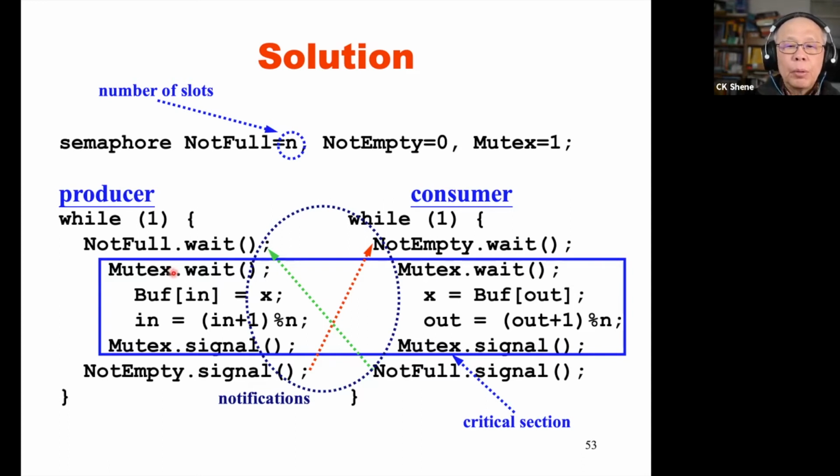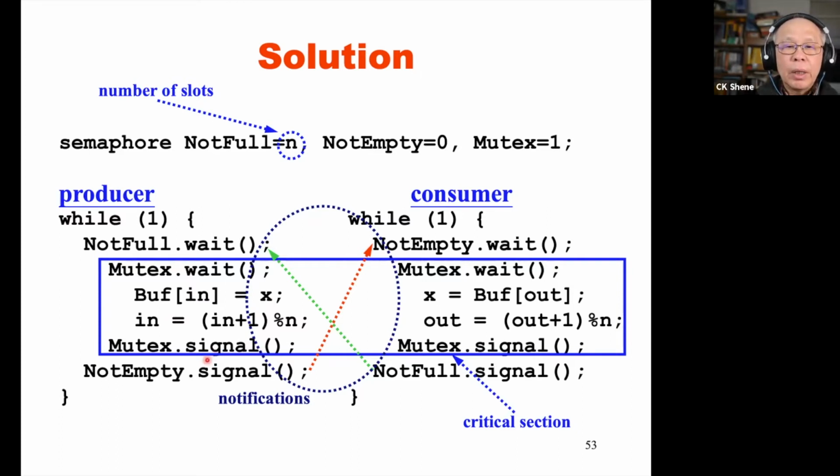If this producer successfully locks the buffer, this producer adds information into the in location and advances the in pointer. Because this is a circular array, we use modulo arithmetic. Then this producer signals the mutex semaphore indicating I'm done. The next one could come in.